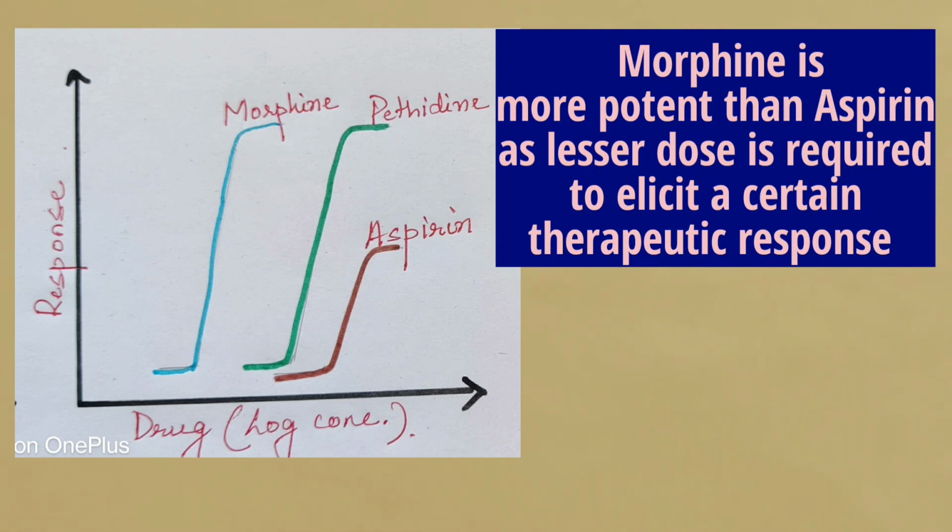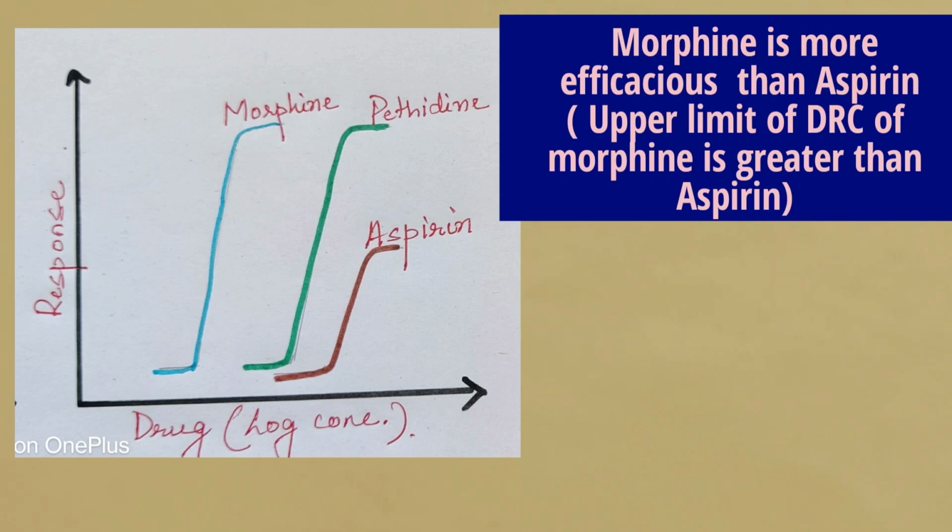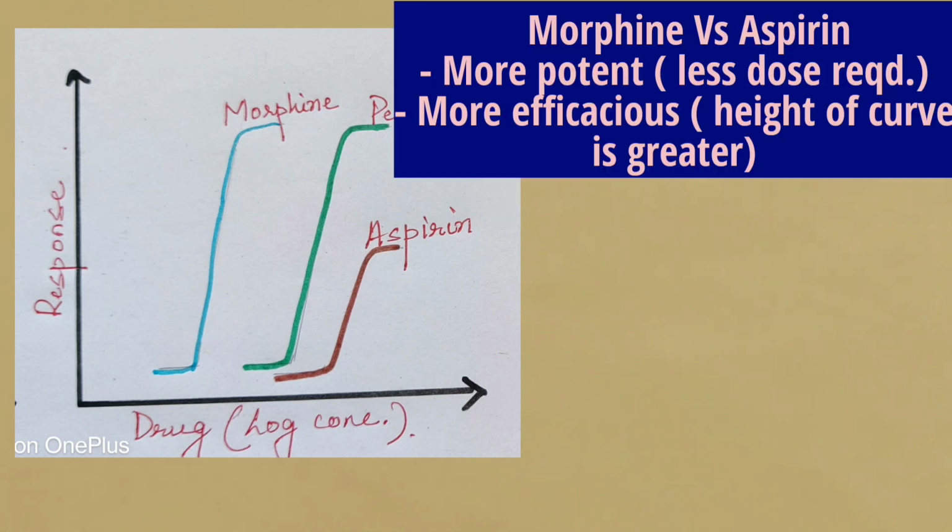Also, morphine is more efficacious than aspirin. This is shown by the upper limit of the dose response curve of morphine, which is greater than aspirin. So, morphine is more efficacious than aspirin and it is more potent than that of aspirin.